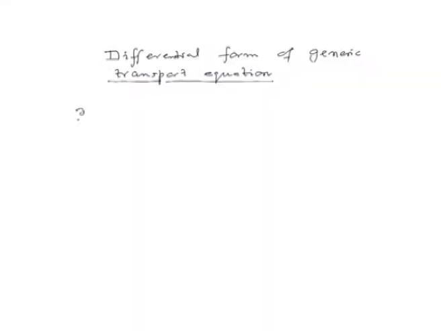The first one was a time derivative, del by del t of rho phi d omega. Now, for a fixed control mass, we can represent it as an integral of the time derivative, that is del of rho phi over del t d omega.